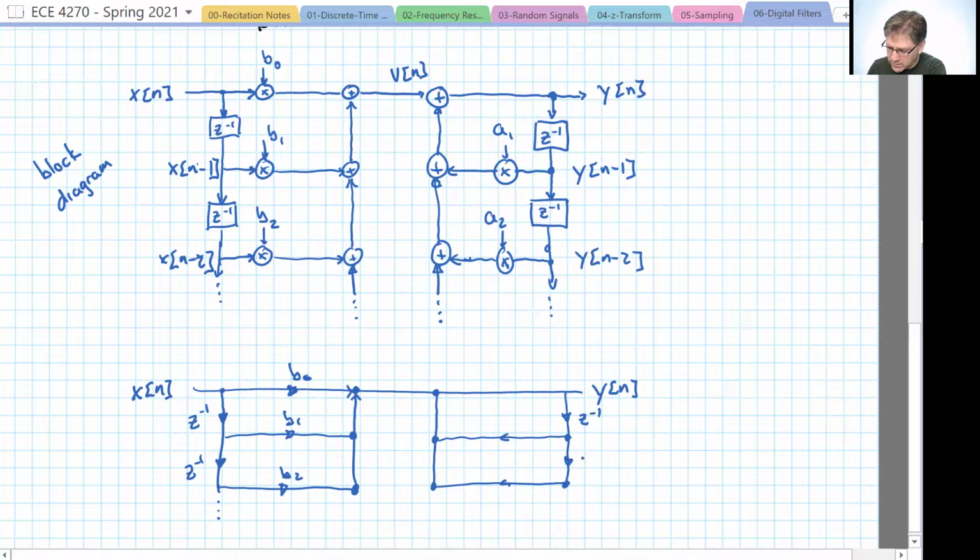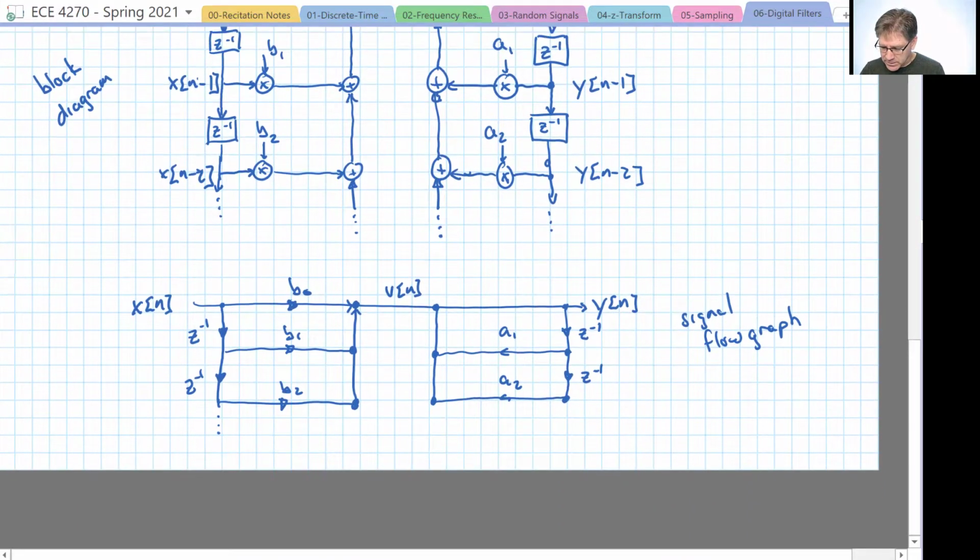Z to the negative 1, Z to the negative 1, A1, A2, there's V of n. And so this is the same system using a signal flow graph. Took much less time to draw.